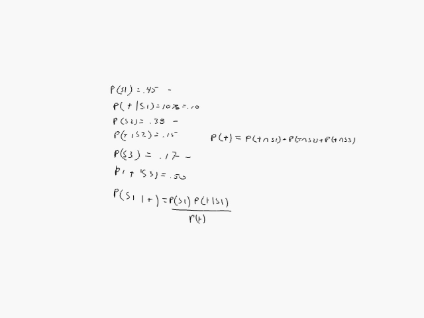Because the sum of all those things is simply the probability of being tagged. Another way to write that is the probability of species 1 times the probability of being tagged given species 1, plus the probability of species 2 times the probability of being tagged given species 2, plus the probability of species 3 times the probability of being tagged given species 3. This is the law of total probability.